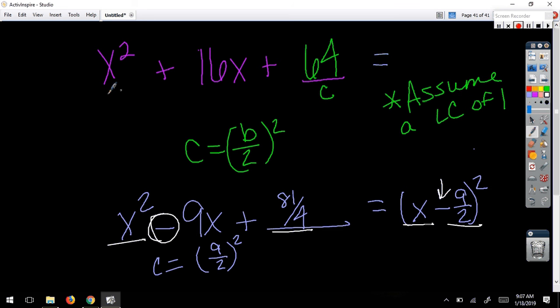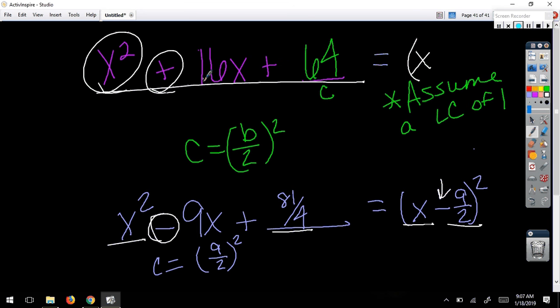Same here, if I was factoring this, it would be x, first sign, 8, squared. The square root of the last is just what you did before you squared it, the middle divided by 2. You'll see why you have to be able to find it squared also in just a second.